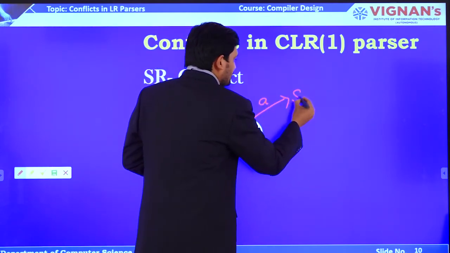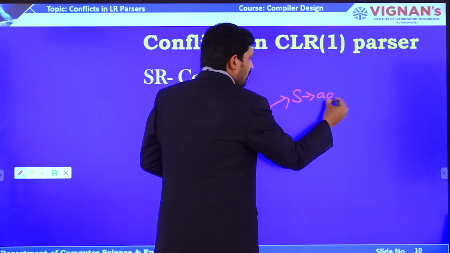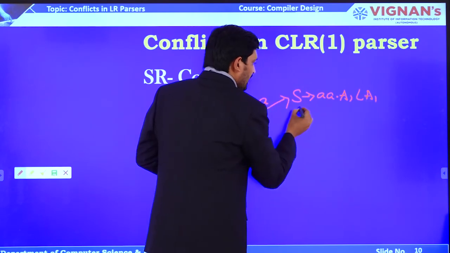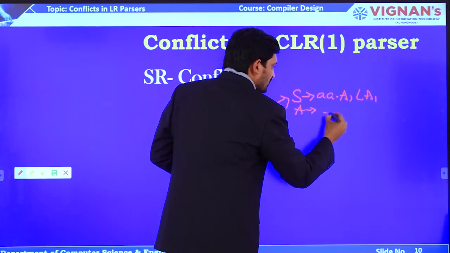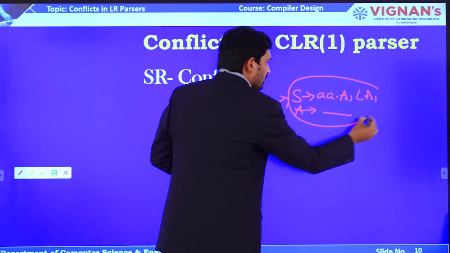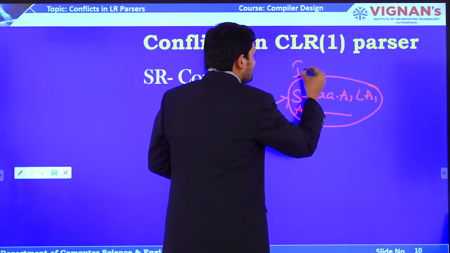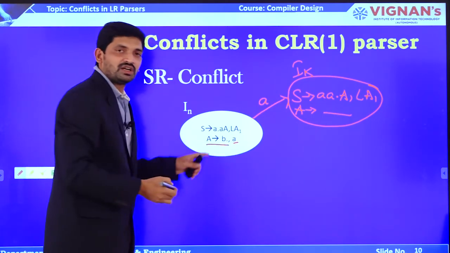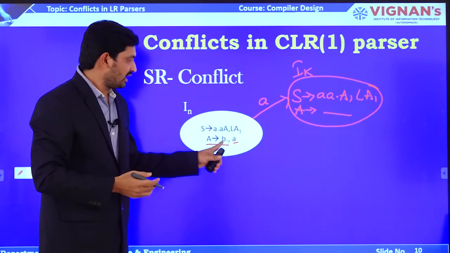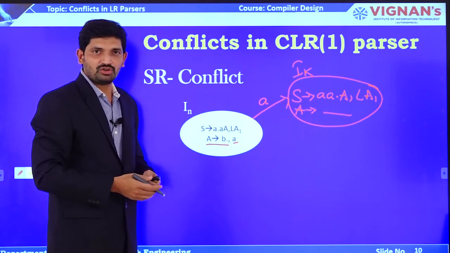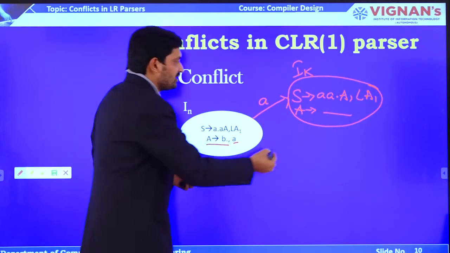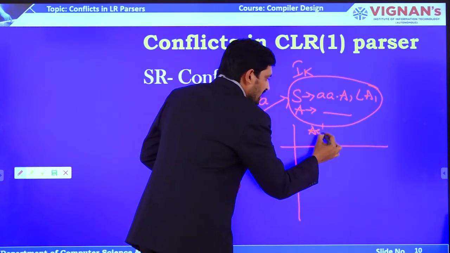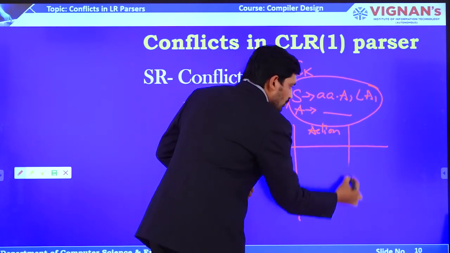So it is S tends to a dot capital A, here lookahead 1, and I have to include all the capital A productions because of the closure operation. Let us say the state name is IK, and here there is one more production, but it is a final item. So here I have to perform the reduce operation only, which can be clearly described in the parse table, which consists of two parts as action and go to.